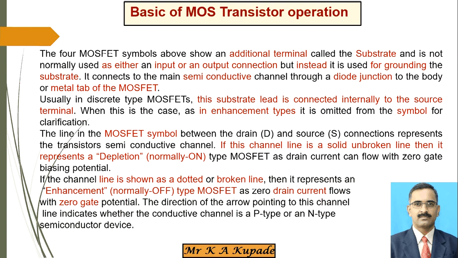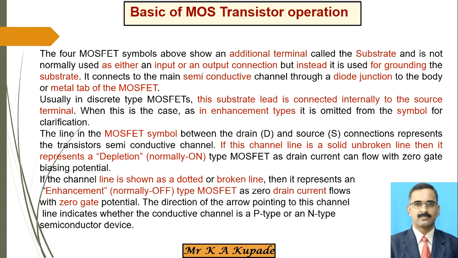That means the substrate terminal is used directly for grounding purposes. It connects to the main semiconductive channel through the diode junction. As it is a substrate, it is diffused in that particular channel bar, and it has a diode junction to the body or the MOSFET tab, right?